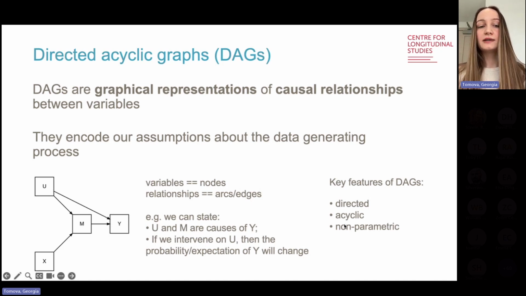And non-parametric means that the presence or absence of an arc tells us whether there is any probabilistic relationship between the two, but it doesn't tell us anything about the size or strength of that relationship or its specific shape, for example whether it's linear or non-linear. That's why it's non-parametric.